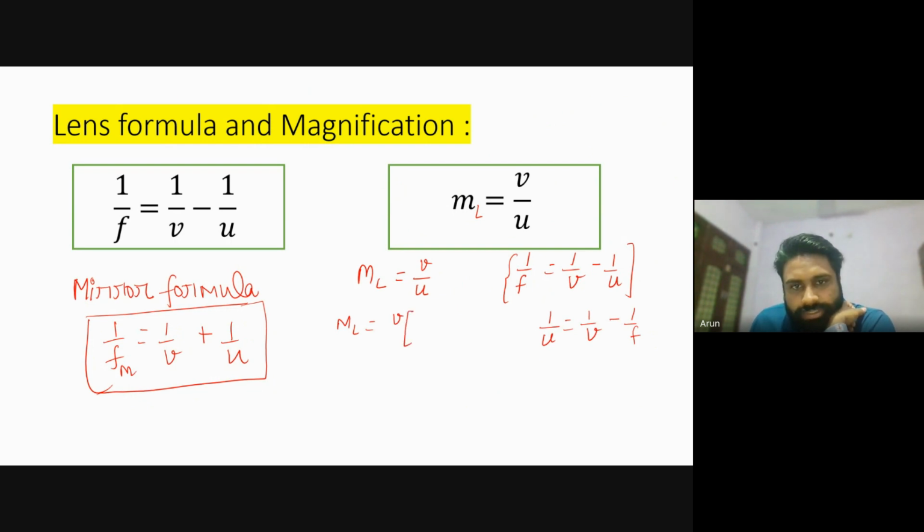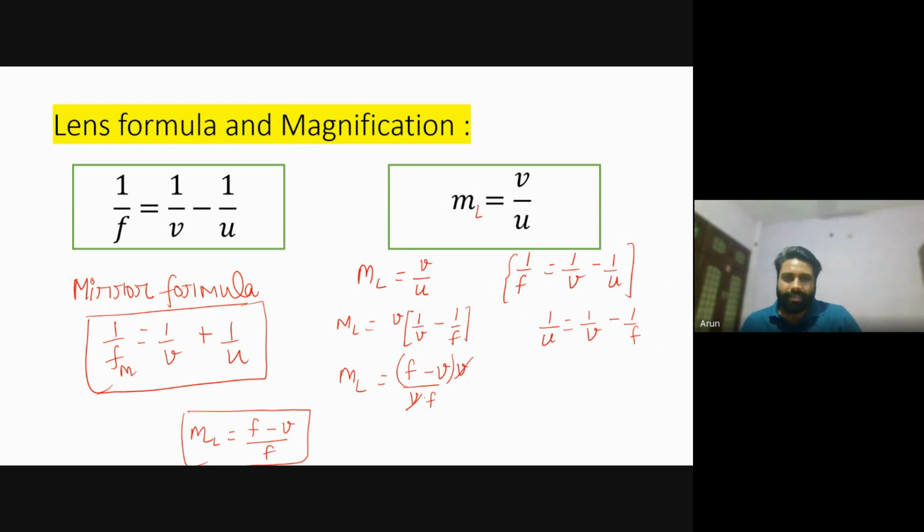So we will put 1 upon V minus 1 upon F. So ml here is nothing but, take the LCM, F minus V over VF, and this is also multiplied with V, and V got cancelled out. So you have a new formula: ml is equal to F minus V by F.